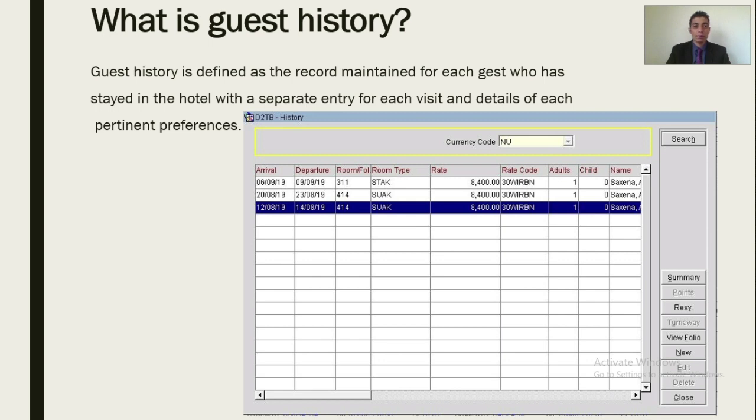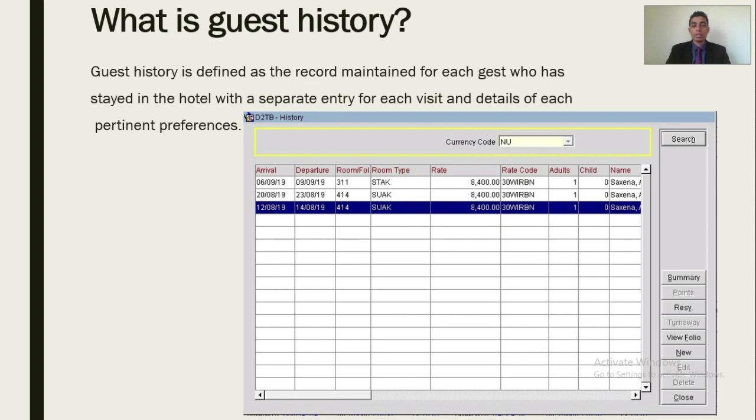Now we have arrival date, departure date, room type, rate code, adult, child, that is the number of pax in the room, and along with that the full name, gender, every detail of the guest is maintained.